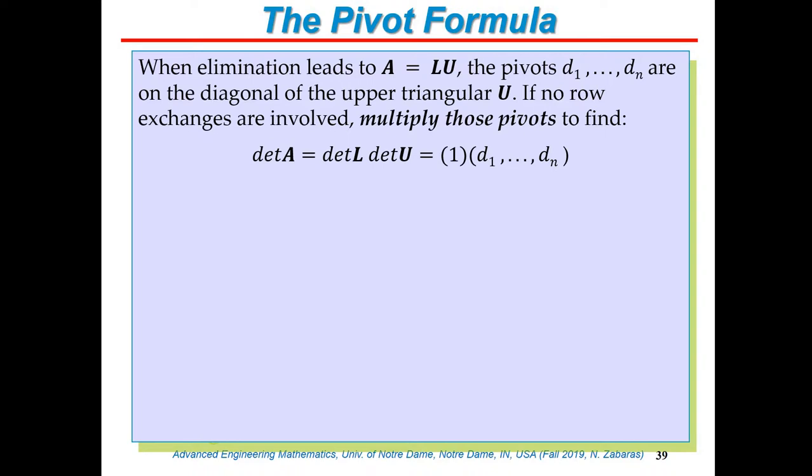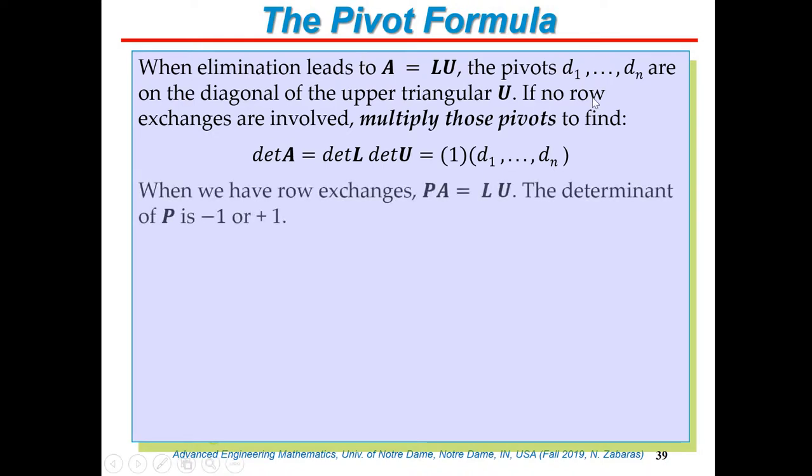Okay, so this is if you don't have any row exchanges. If you actually have row exchanges, you can apply the same formula that you see here, but instead of applying it to A equal LU, you're applying this to P, where P accounts for the permutation of the rows that you have to do on A, and row exchanges, and so PA equal LU.